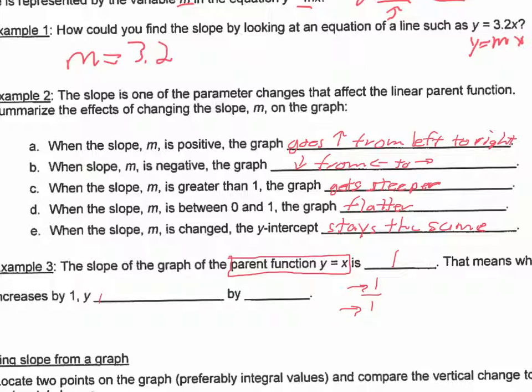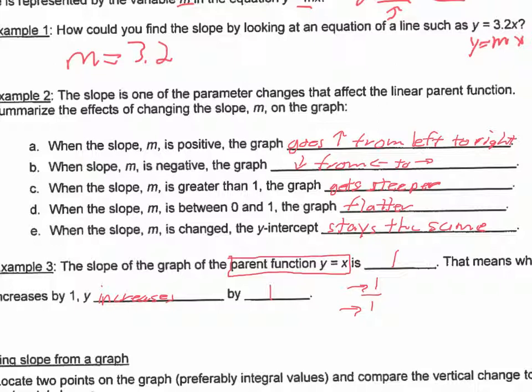Well, it also increases by 1. That's the parent function, the most basic of all of our linear functions. It has a slope of 1, which tells us we go up 1 and to the right 1. That's a positive 1 slope. It has a vertical change of a positive 1, and a horizontal change of a positive 1.